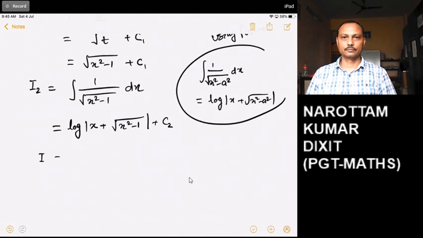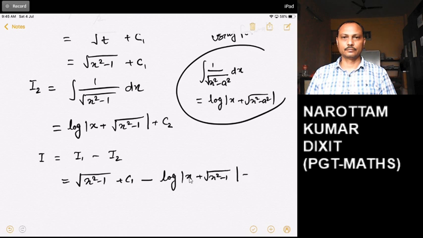So I was equals to I1 minus I2. The value of I1 we have solved, that is under root x square minus 1 plus c1, and value of I2 we got log of mod of x plus under root x square minus 1 plus c2.